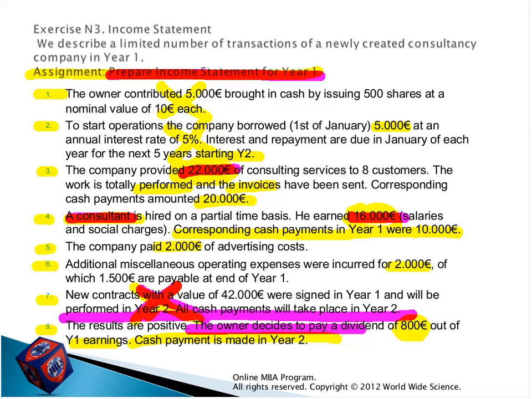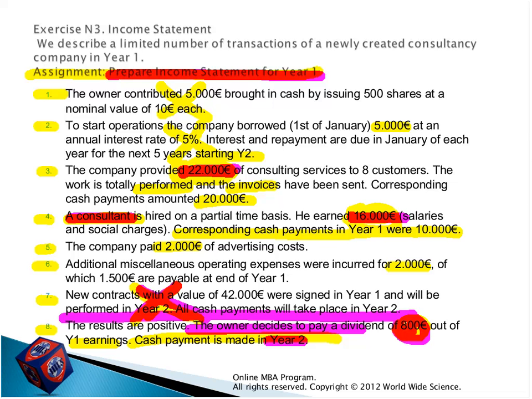But as we have here, we are going to pay in the next year, but the dividends are being incurred from year one. That means these dividends have been generated from the sales which were made in this first year, like from the 22,000 euro, right?